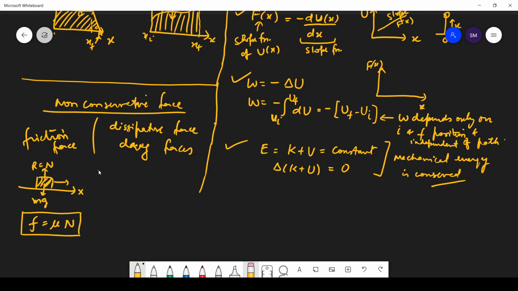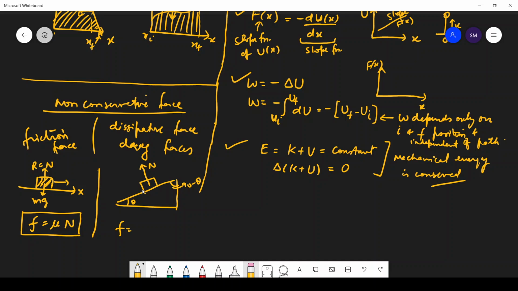And if I'm moving on the inclined plane, then what will be the friction? This angle is theta. So this will be 90 minus theta. Normal reaction is always perpendicular to the surface, always.